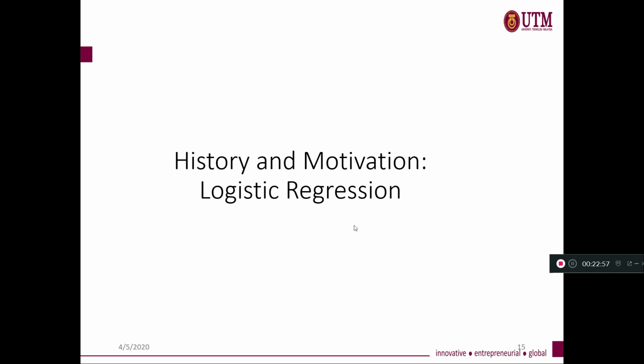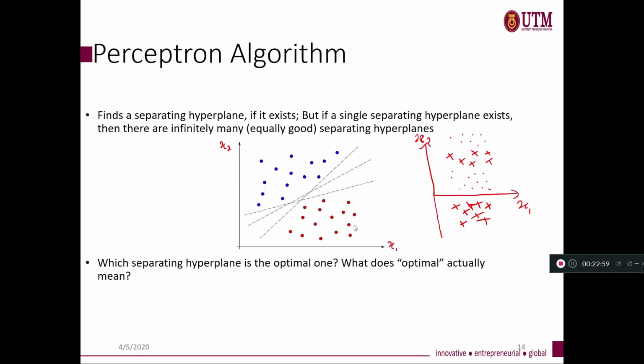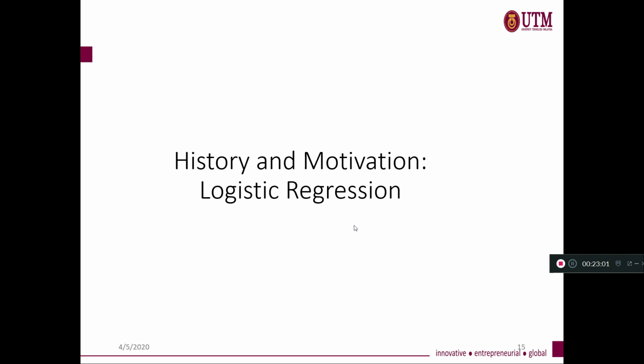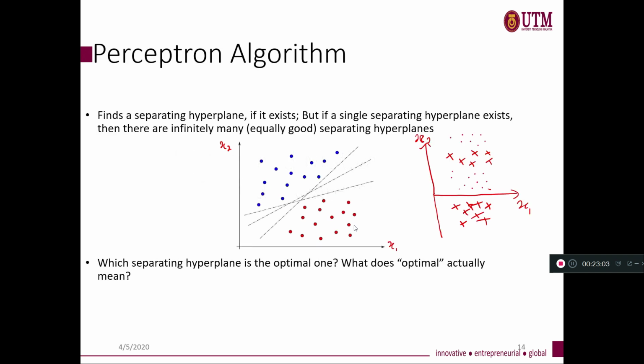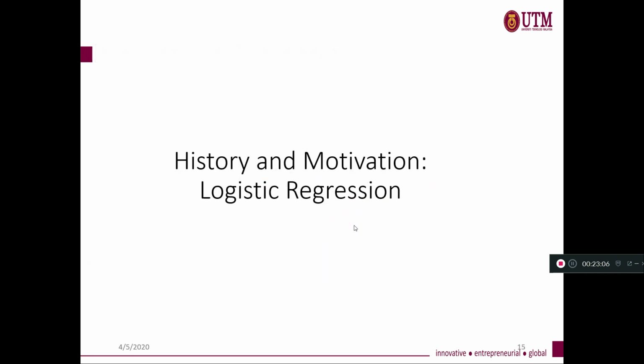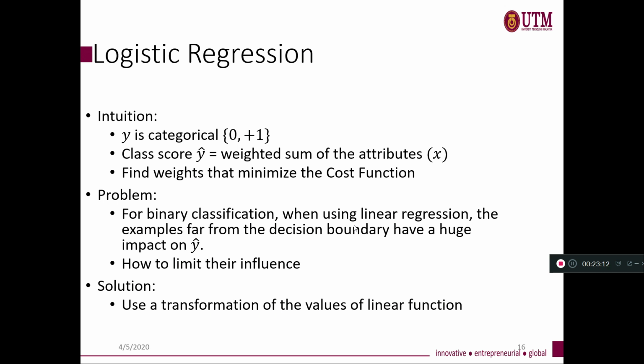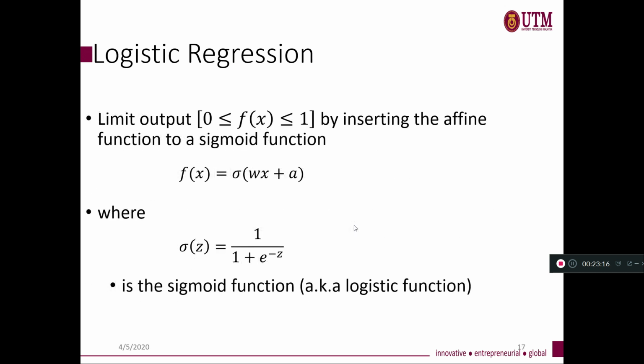Okay, then from this, they try to extend this finding into logistic regression, where they introduce another function called the sigmoid function. I don't want to discuss this one anymore. Again, this is what I drew before.